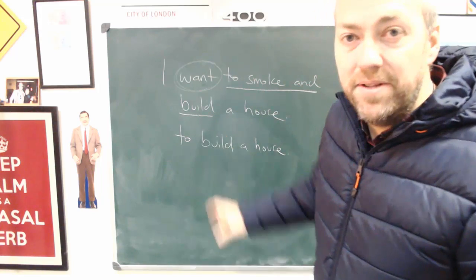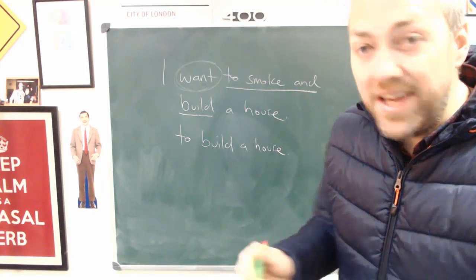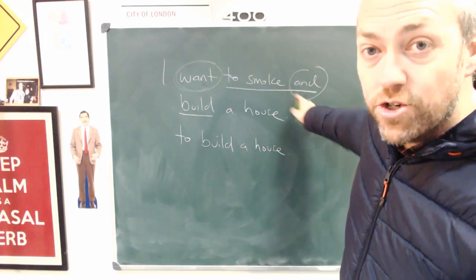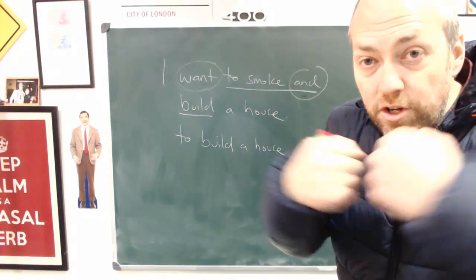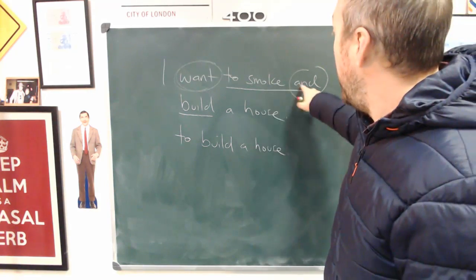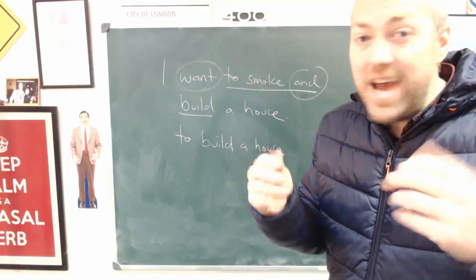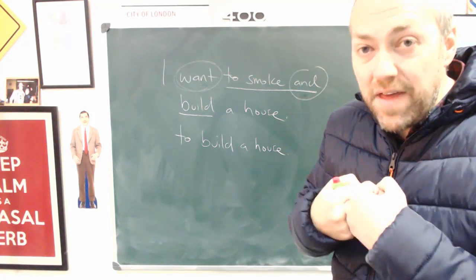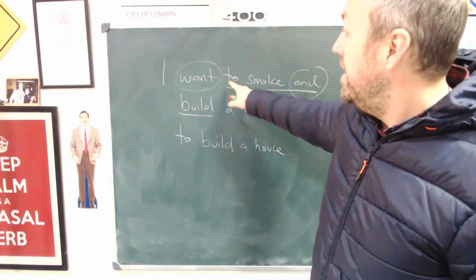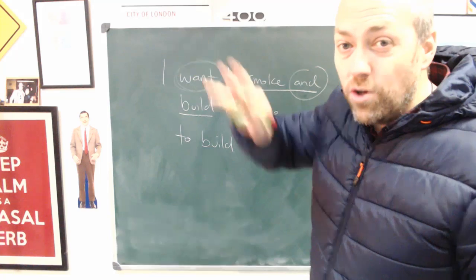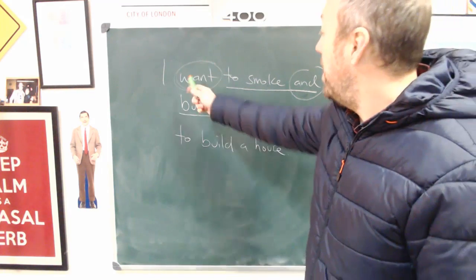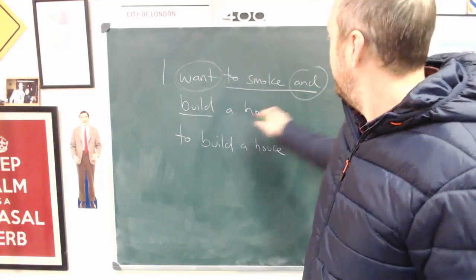To smoke and build. We are using and. This here is a conjunction. We're using the and to join the two parts of the sentence together. Smoke and build now are together. They are together with this one preposition here, to. And all of the sentence is controlled by want. So I want to smoke and build.